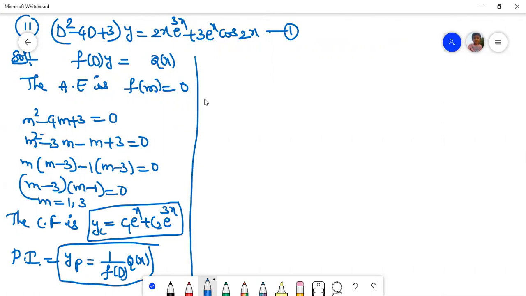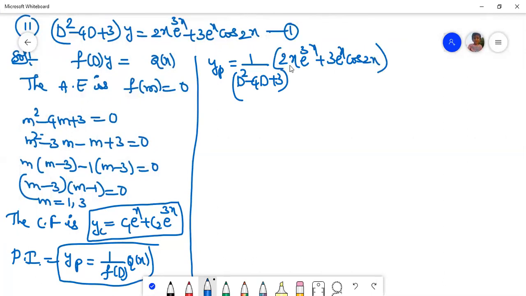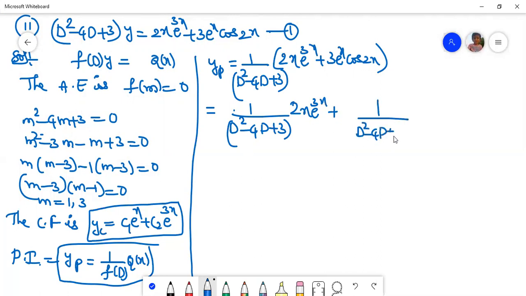So in this, yp is equal to 1 by D square minus 4D plus 3 into 2x e power 3x plus 3 e power x cos 2x. We can take the separate terms: 1 by D square minus 4D plus 3 into 2x e power 3x plus 1 by D square minus 4D plus 3 into 3 e power x cos 2x.